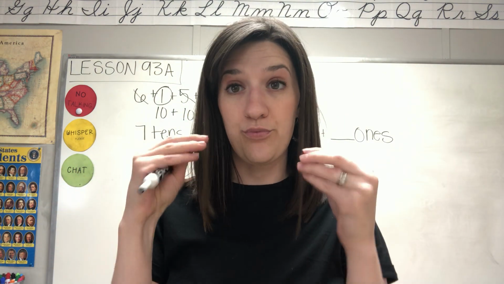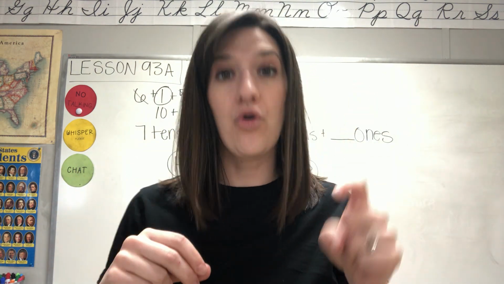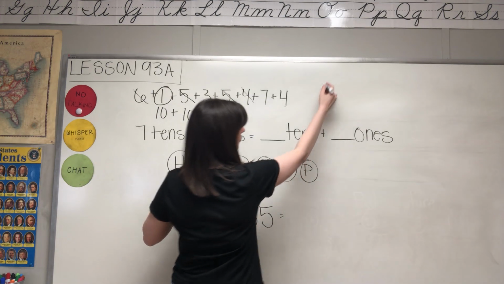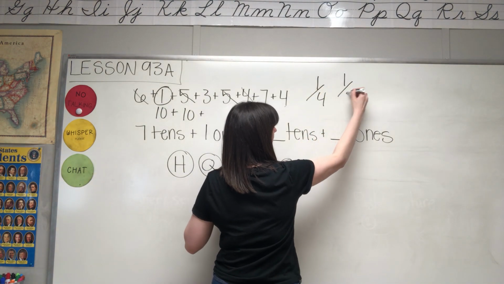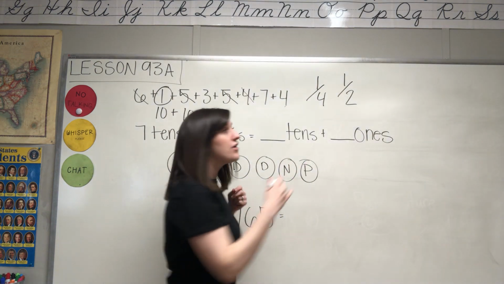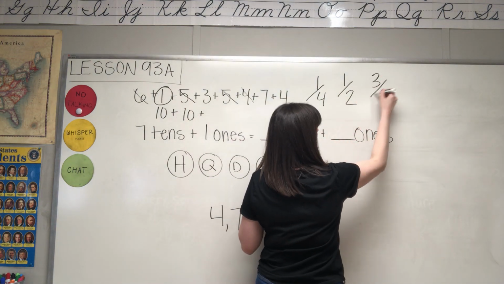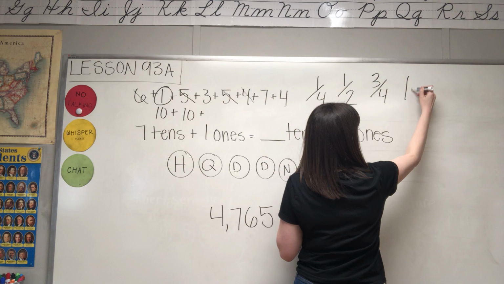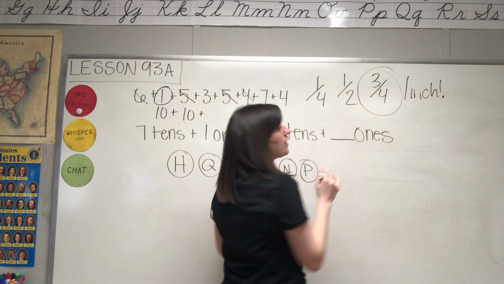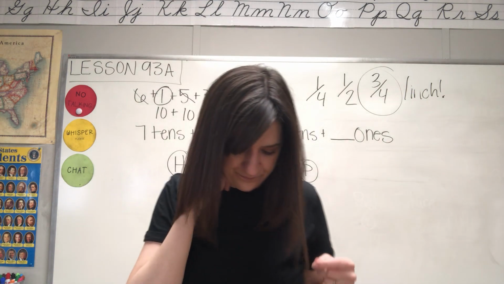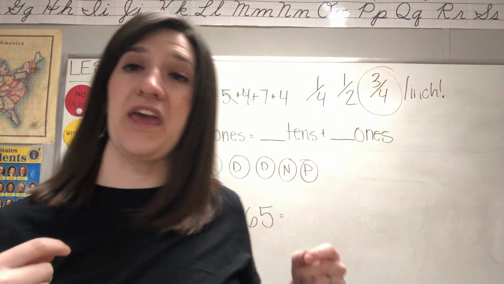When you use your ruler, you have 1/4, which looks like this. So you have 1/4, 1/2, 3/4, 1 inch. This is the one that you're going to want to measure all the way to, okay?